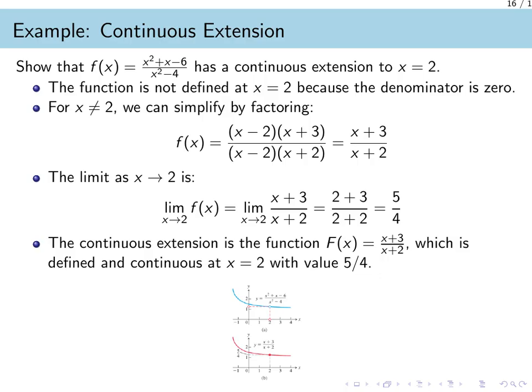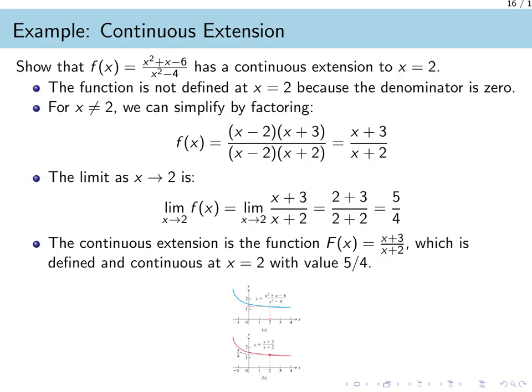To find the location of the hole, we can simplify the function by factoring. The numerator becomes the quantity x minus 2 times the quantity x plus 3, while the denominator becomes the quantity x minus 2 times the quantity x plus 2. For any x not equal to 2, the common factor of x minus 2 cancels out.